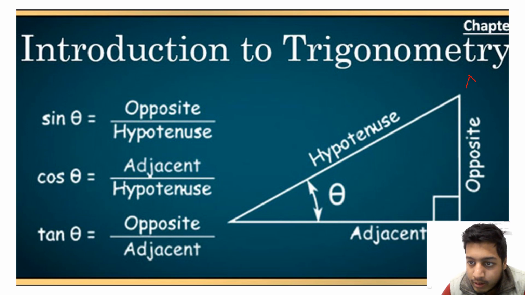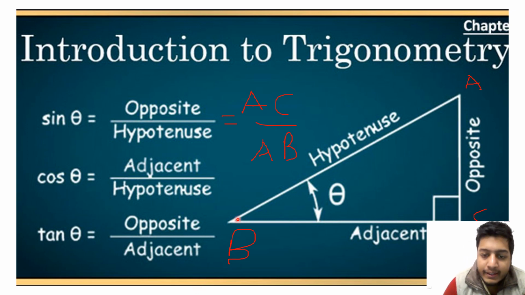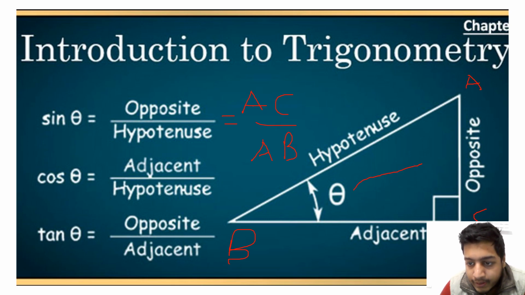Let this be A, this be B, and this third edge be C. So the value of sine theta here will be AC upon AB. I told you earlier also that with respect to the angle for which we are writing the value of sine theta, the perpendicular will be the opposite side of that angle. So in this triangle, the side AC is opposite to angle theta.